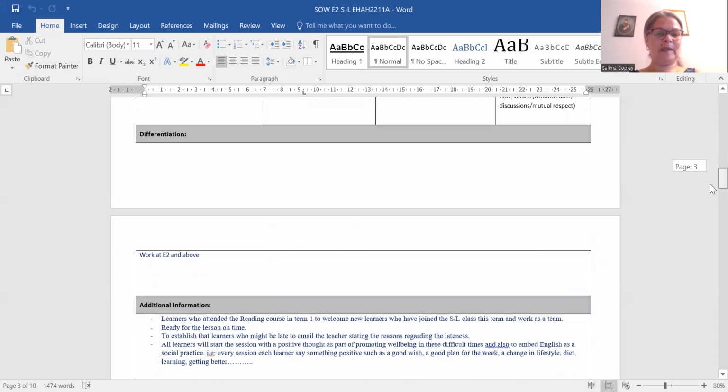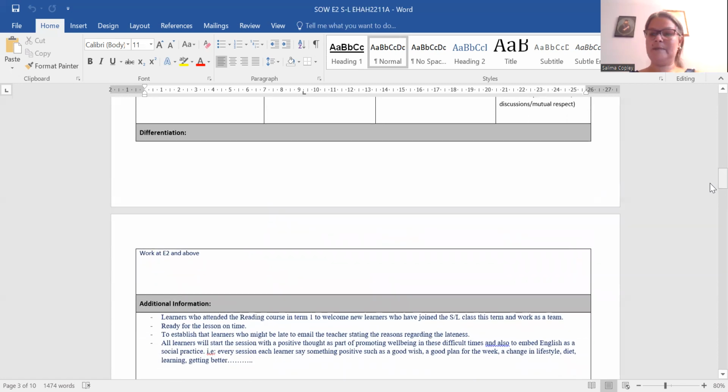This is important: differentiation. When we start a class, you assume that learners' abilities are not the same, and indeed they are not.